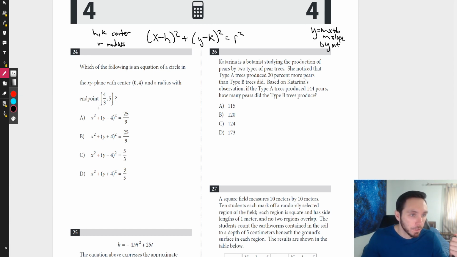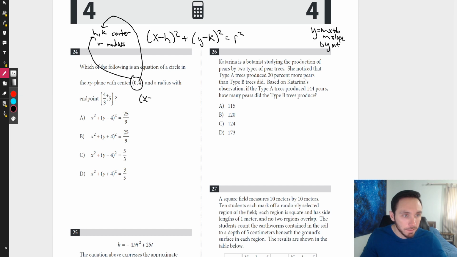All right, so which of the following is an equation of a circle in the xy plane, center 0, 4, and it has this crazy 4/3, 5 endpoint. We have to find the radius because they're giving us h and k. They're giving you h, they're giving you k, so you can just plug these in. Algebraically, this is how I would solve this problem.